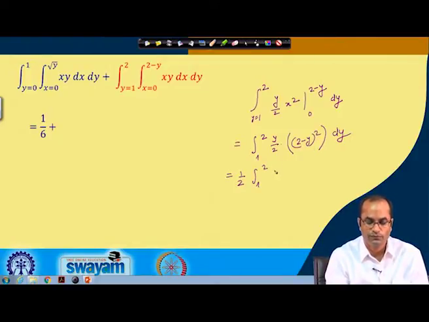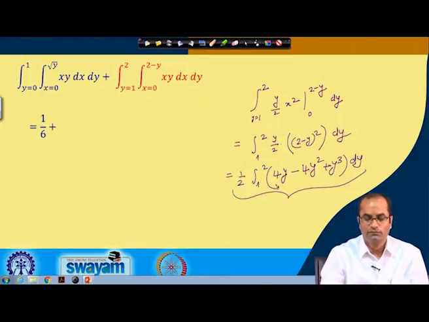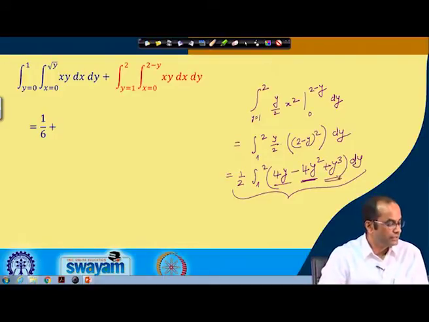So, we will get this 4 into y, and then minus will be 4 times y from here, and then this y square, and then there will be y square term and plus this y cube, and then we have dy. So, now we can easily integrate this 4 y, and this is minus 4 y square, and then we have this y cube term, and with this half.